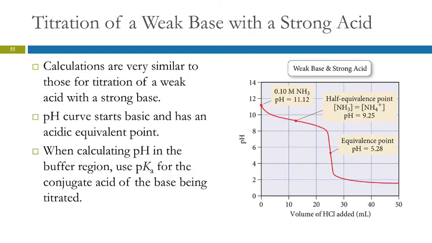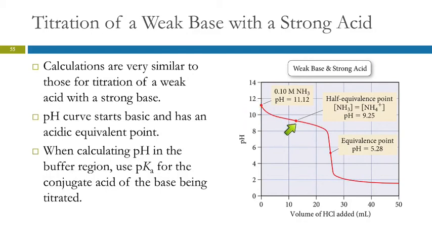What if we're titrating a weak base with a strong acid? Very similar. So it's going to start with a high pH, go to a low pH. You're going to use Kb for your weak base to find the initial pH.